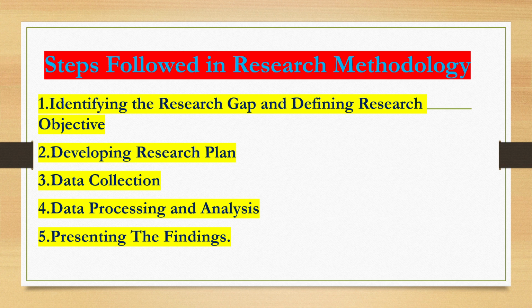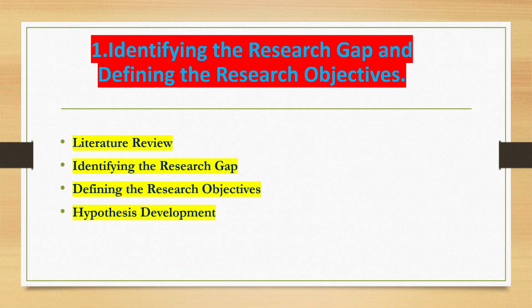So let us start. The very first step is identifying the research gap and defining the research objective. Under this stage, basically what we do is we find out the research gap. By that I mean to say what all research has been done in the past and which area is required to explore. To do that, we have to do an exhaustive literature review.